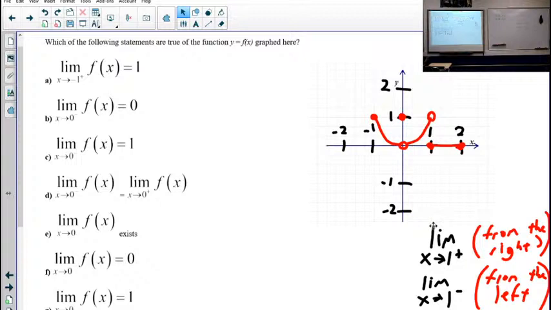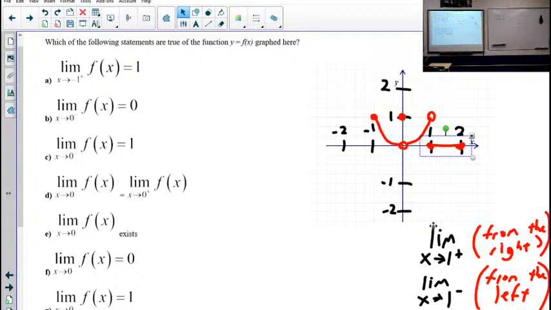How you can remember which one's which: this has got a little plus above it, and so that means that we're looking at something coming at the number from the positive direction. So we're looking at approaching one from the right, from the positive direction. And then this is approaching one from the left, from the negative direction.